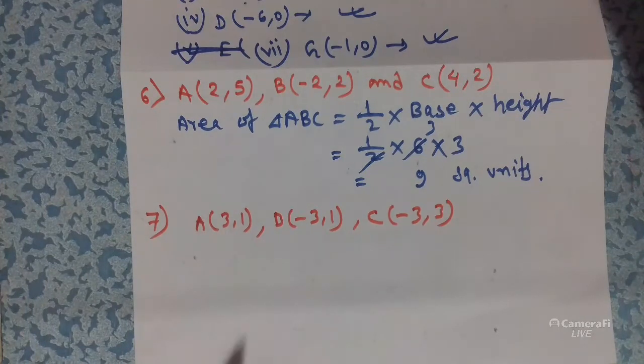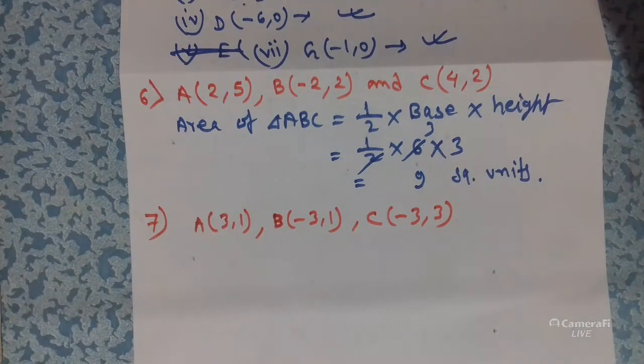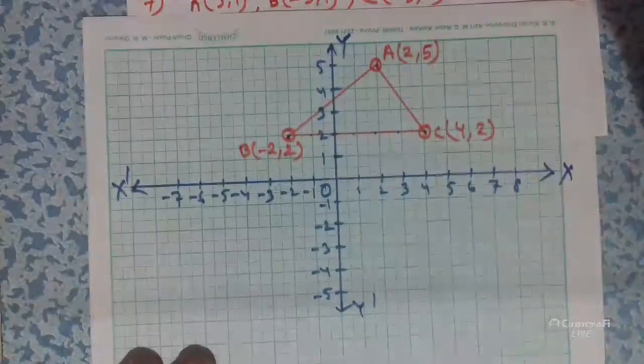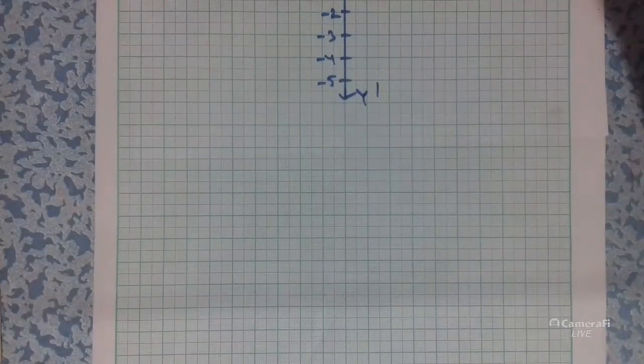Yes, in this rectangle ABCD, 3 vertices are there, but the vertex D is unknown. So we have to find the vertex. So before that we have to plot these points on the graph paper. So at first we have to draw the axis, that means x axis and y axis.